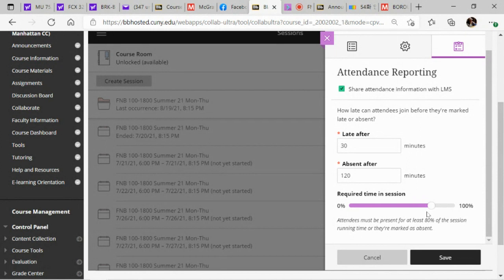But the total time you are logged in during the running time of the session, if it is more than 80% of the time, then that's the proof that you are present. If you're logged in less than 80% of the time, then this is automatically the cutoff line. It automatically monitors whether you are in class or not.